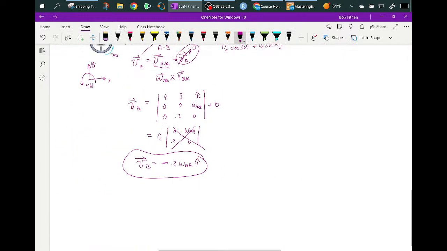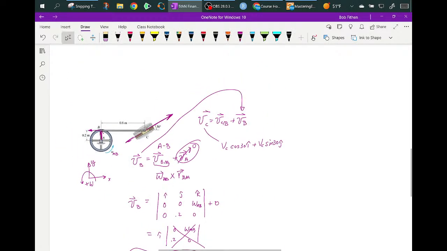Now, what you're doing on the second link is this omega BC. I don't know what omega BC is yet. R C to B plus velocity of B. So I'm now on the second link.